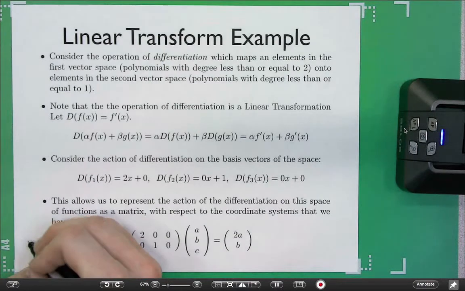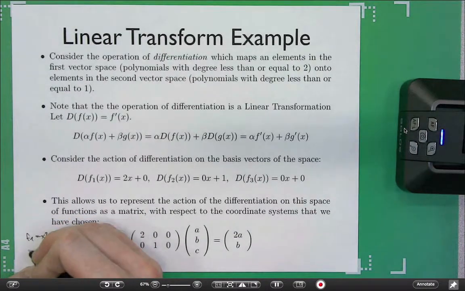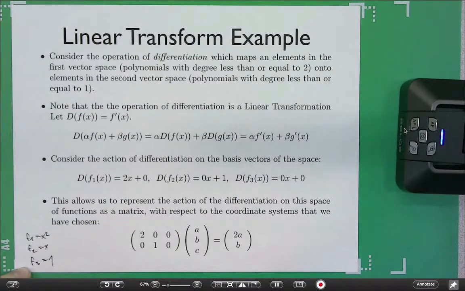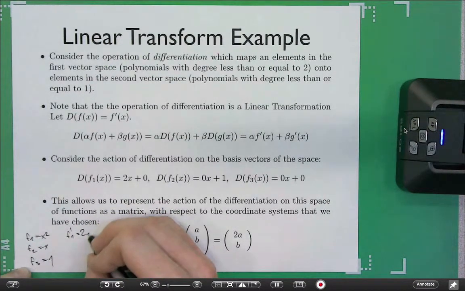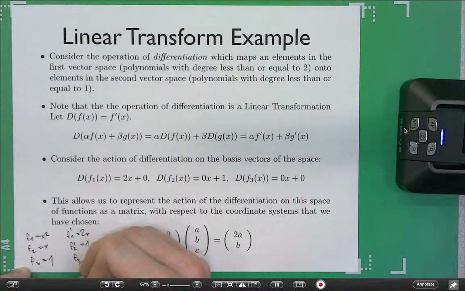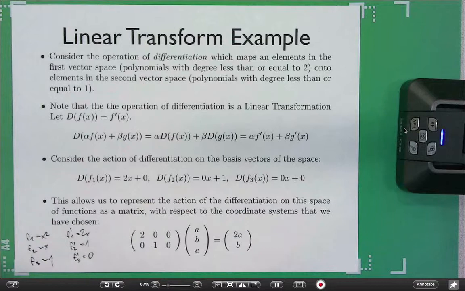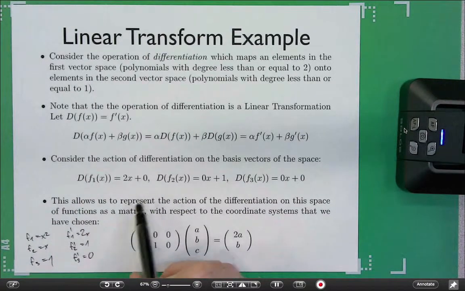Remember, f1 was x squared, f2 was x, and f3 was 1, right? So if I differentiate f1, I get 2x. If I differentiate f2, I get 1. And if I differentiate f3, I get 0, right? So this is what is written here.